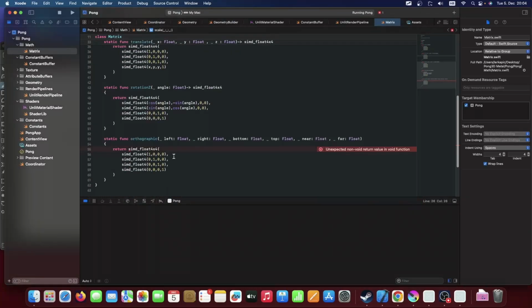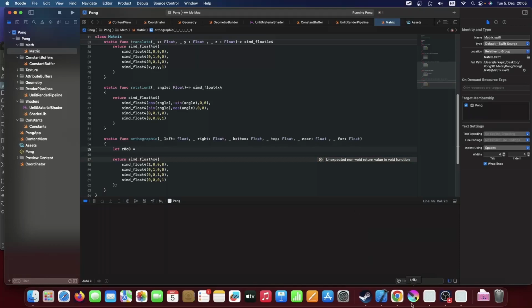So this part of what we're going to do is sort of similar to a scale matrix, and it's sometimes called the scale part, because as I mentioned, we were discussing scale when I was showing the drawing. So let's here just say r0 c0 is equal to, and what did I draw here?